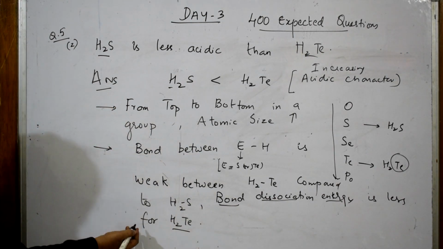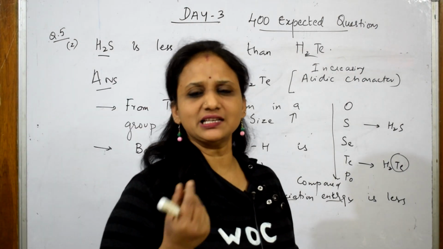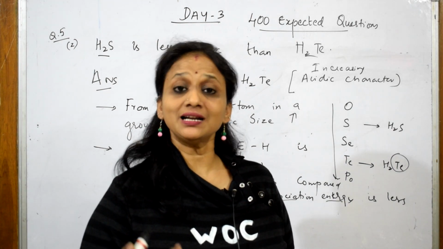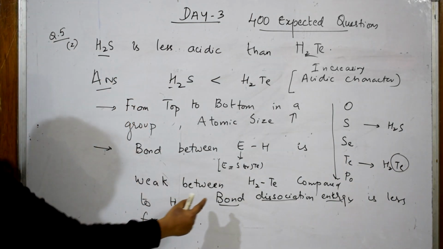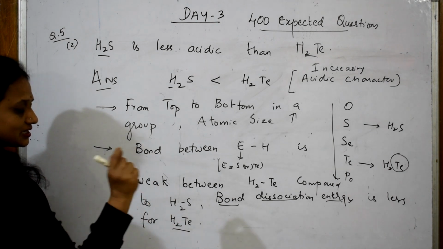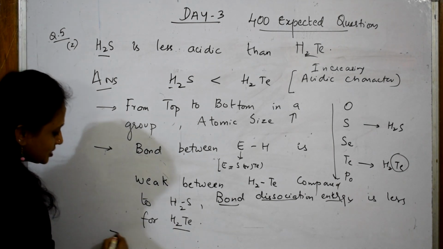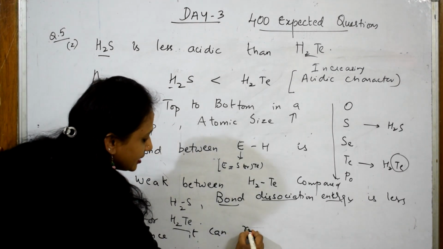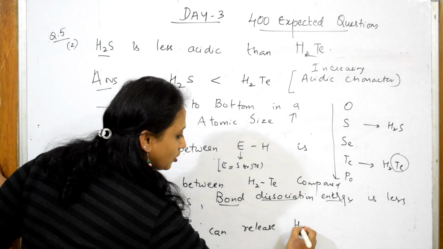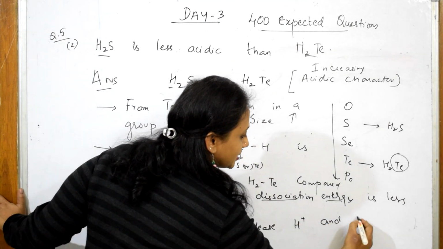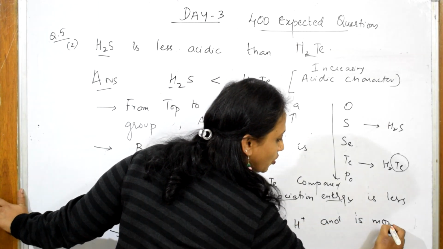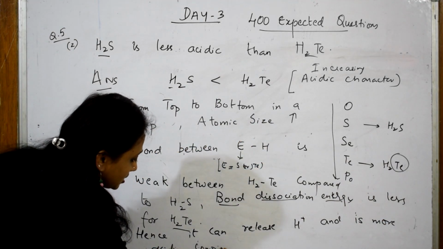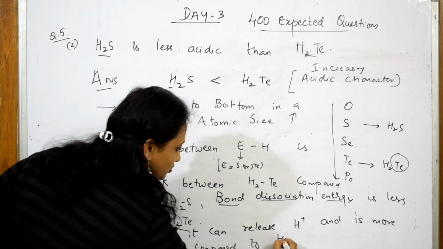Now tell me, if the bond dissociation energy is less, I can easily break the bond and give that H plus. When something donates H plus, it is acidic in nature. So remember, bond dissociation energy is less for H2Te. Hence, it can release proton H plus and is more acidic compared to H2S.